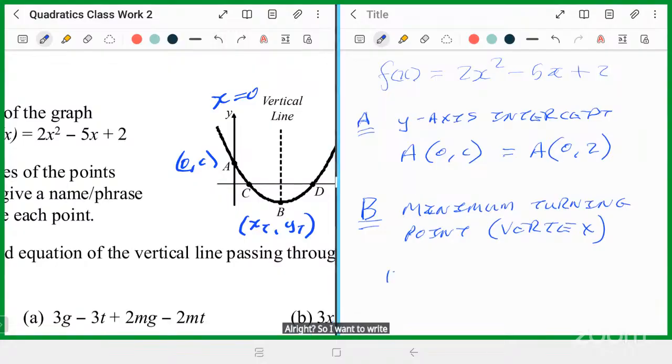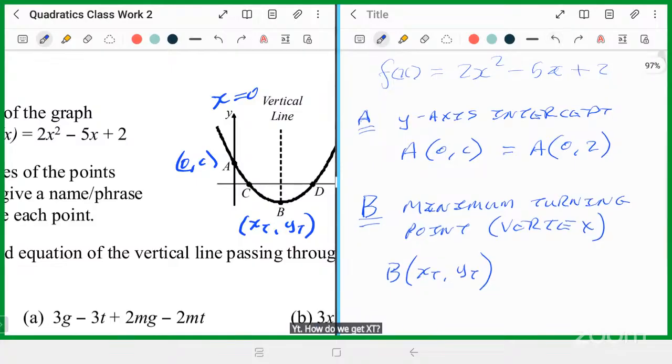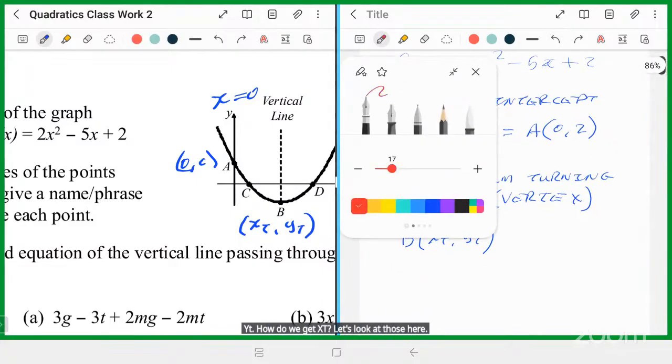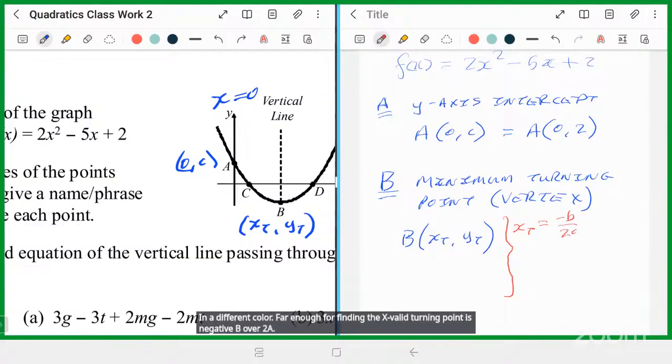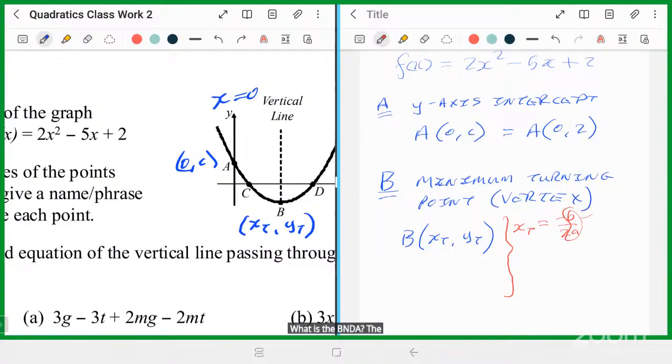So the B will have coordinates xt, yt. How do we get xt? Let's work it out here in a different color. The formula for finding the x value at the turning point is negative b over 2a. What is the b and the a? The b and the a, they come from the coefficients in the standard form.